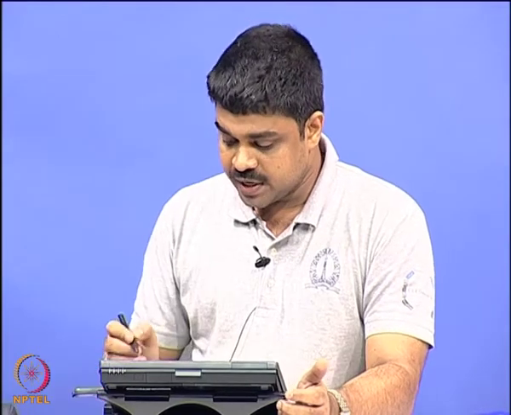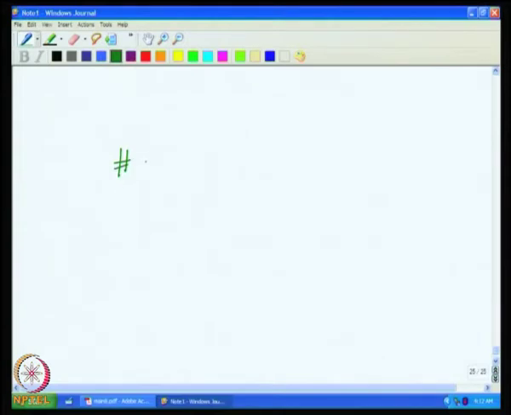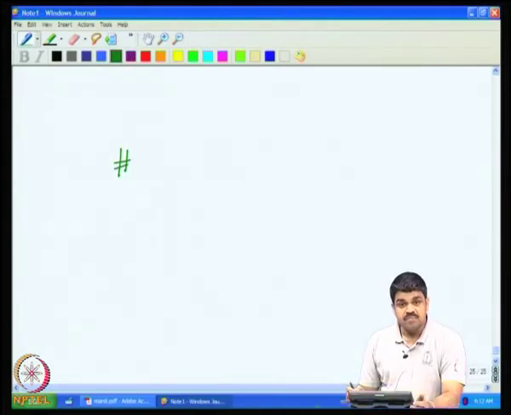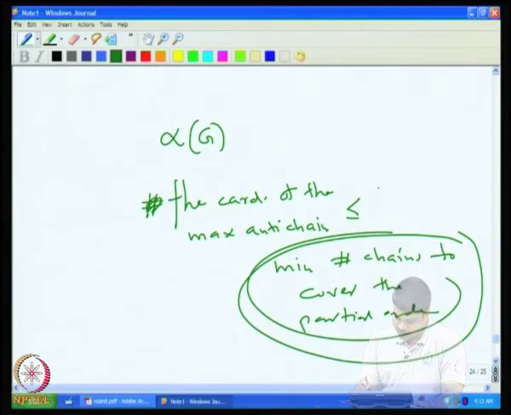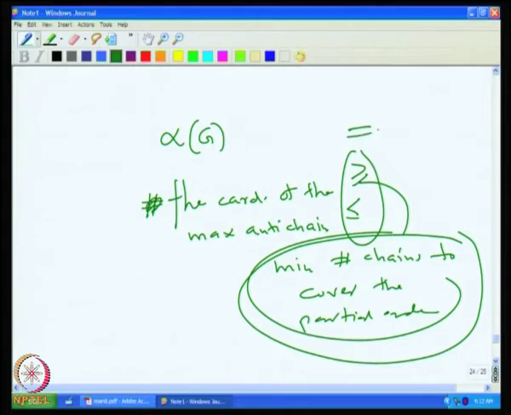Therefore, it is indeed a minimum directed path cover. So we know by Gallai-Milgram theorem that the minimum directed path cover cardinality is less than or equal to alpha. So therefore this will become equality.